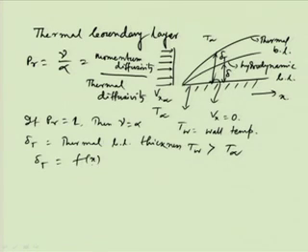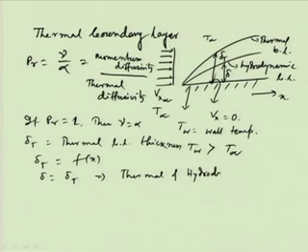Now, when Prandtl number is equal to 1, nu equals alpha, then delta is equal to delta T, and that means that the thermal and hydrodynamic boundary layers coincide with each other.